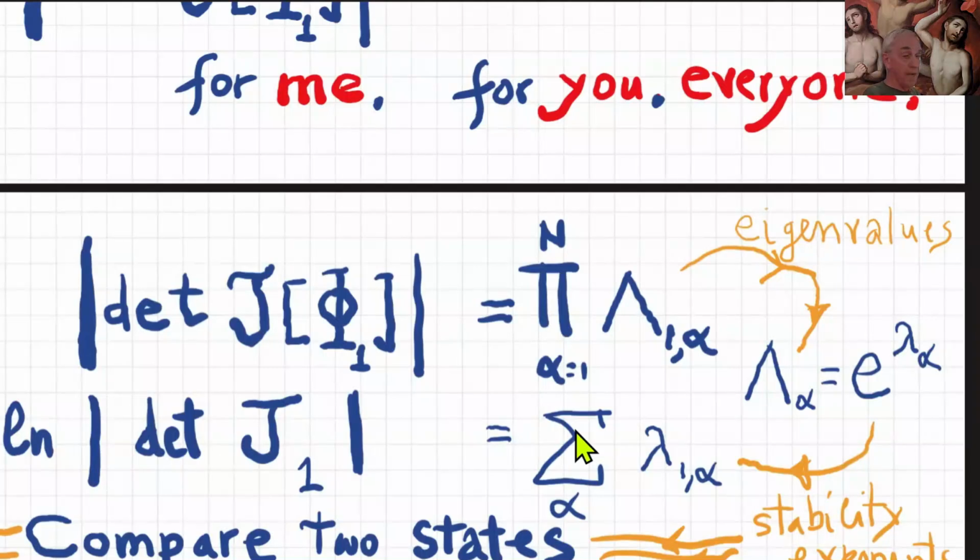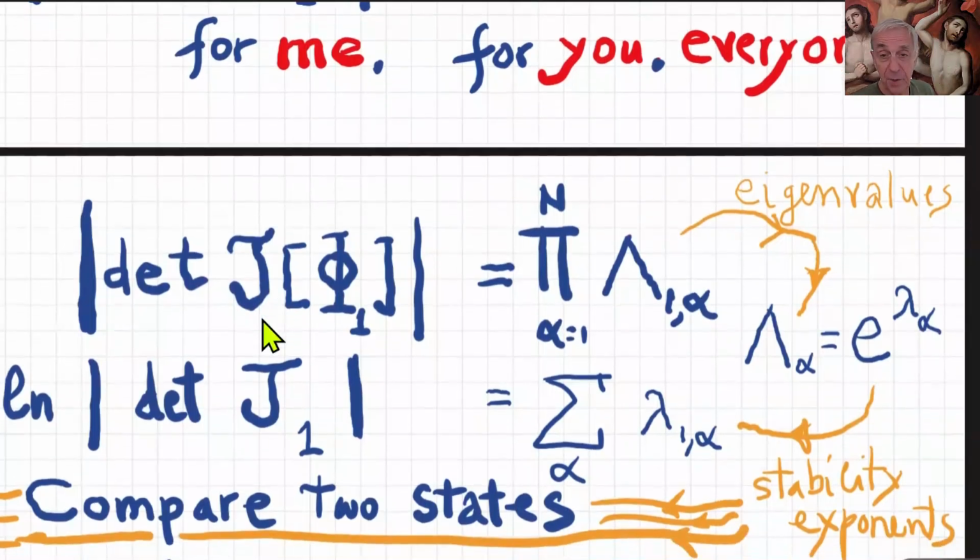So it's a bunch of numbers. The determinant is a product of the eigenvalues. And if I take a logarithm of the determinant, for which there are many good reasons, then instead of a product I have a sum over the eigenvalues of this matrix.